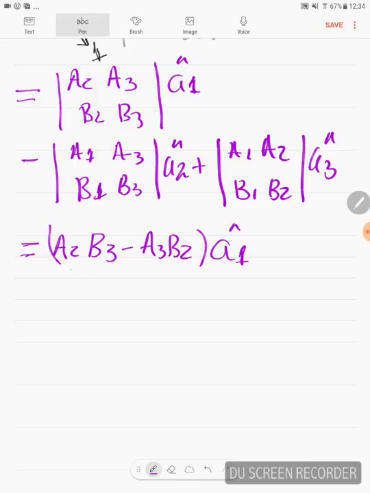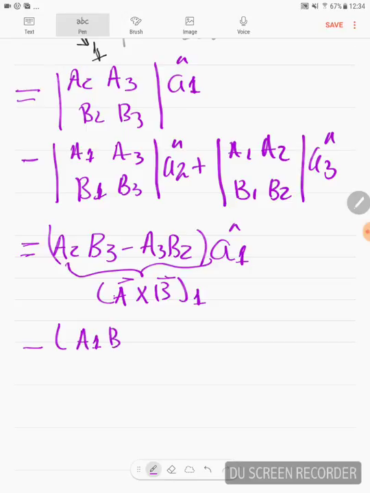This is component 1 of the cross product, which can be denoted like this. Now, minus A1 B3 minus A3 B1.